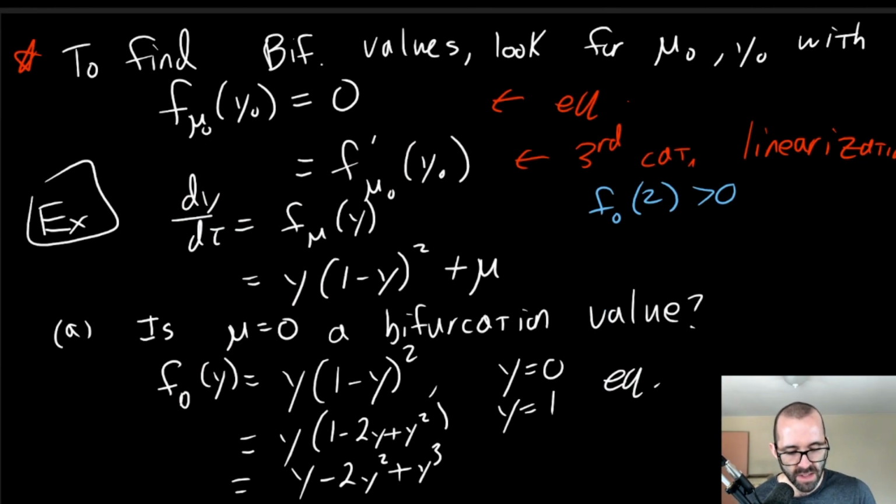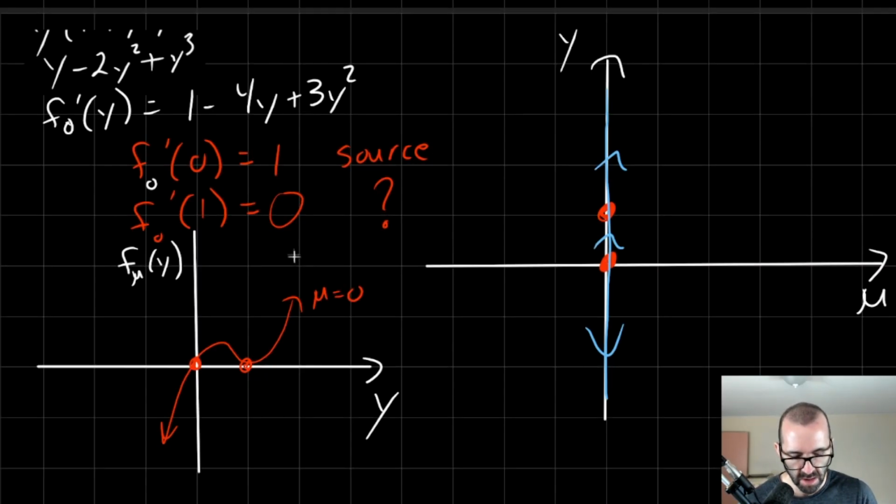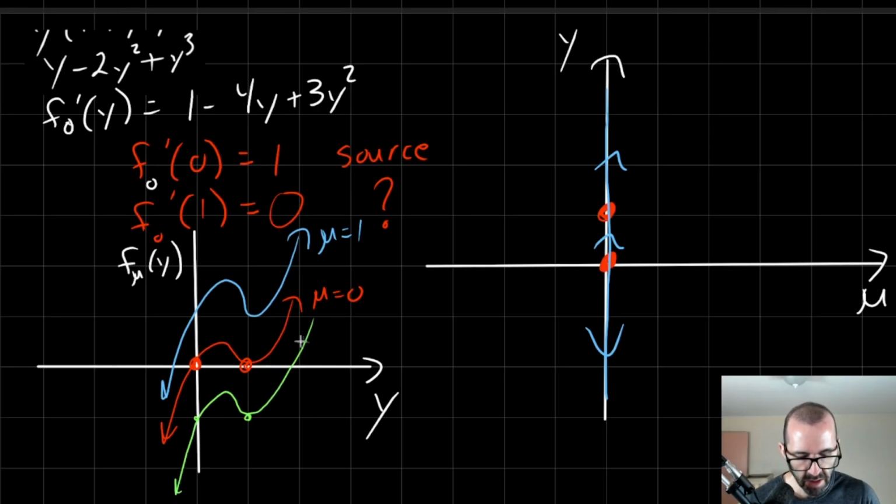And we know what happens for different values of mu as well, because look at our right-hand side. It's just a vertical translation. If mu is positive, we get something like that. Maybe this is mu equals 1. If mu is negative, we move things down like so.